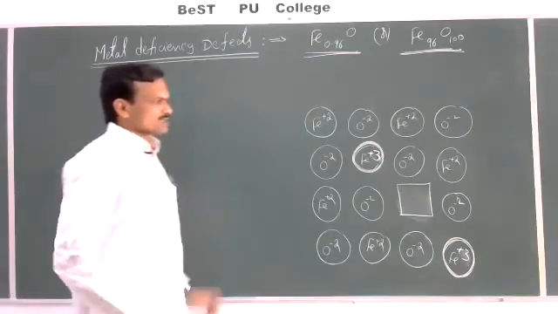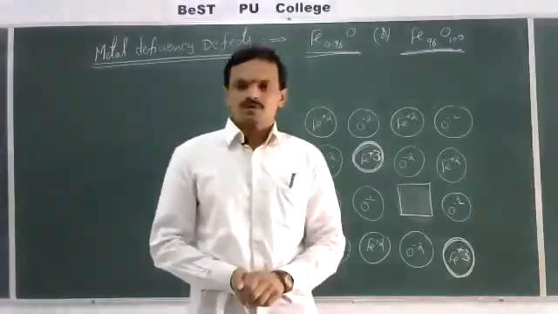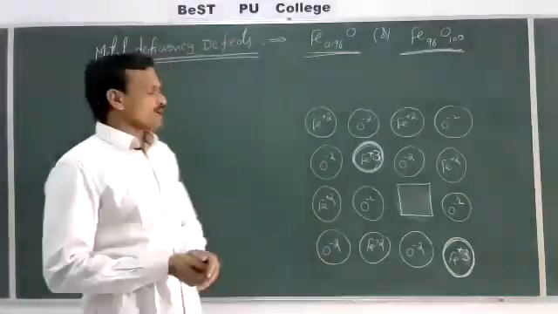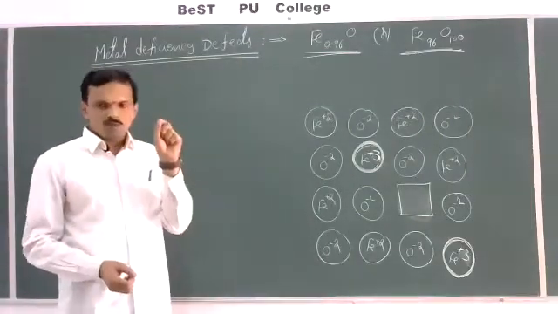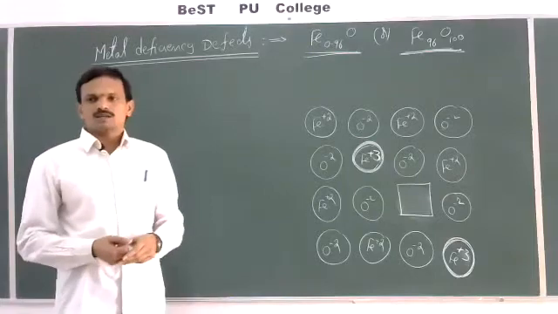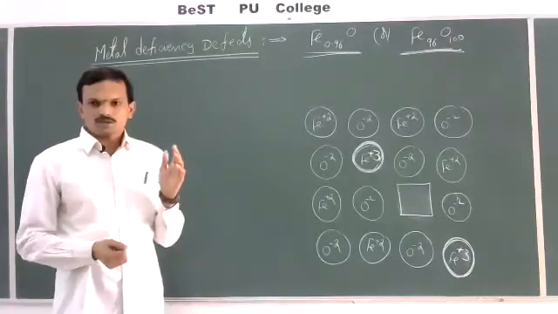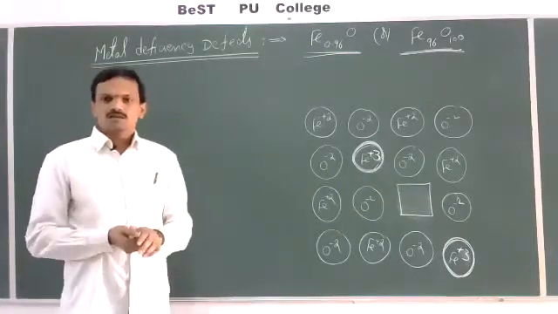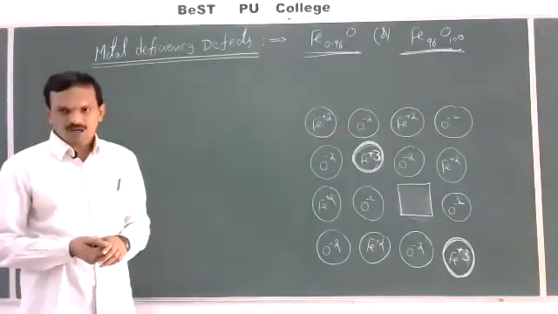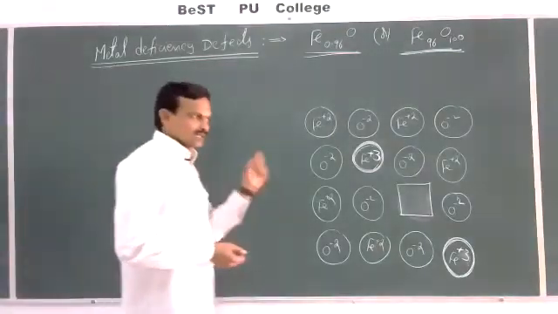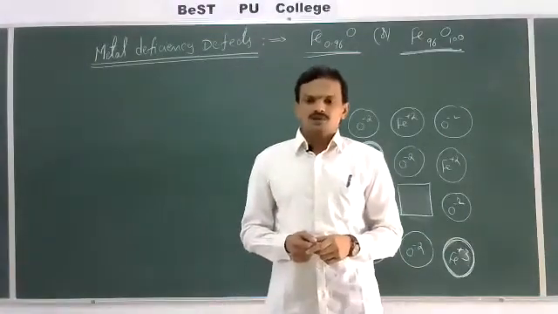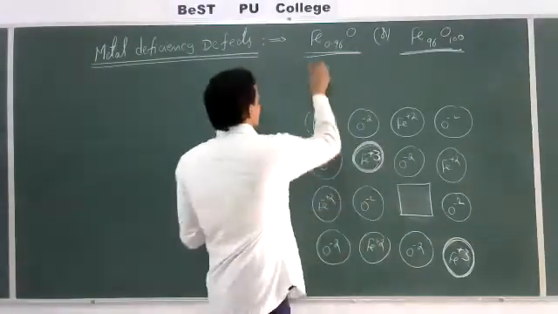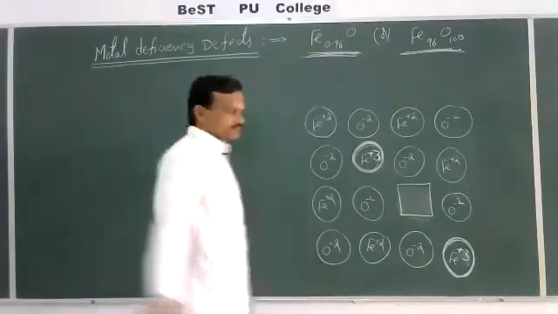Based on this, even some simple problems are asked. I'll show an example by taking the same compound. Fe 0.96 O contains both Fe plus 2 ions as well as Fe plus 3 ions. What is the percentage of Fe plus 2, and what is the percentage of Fe plus 3 in this iron oxide?